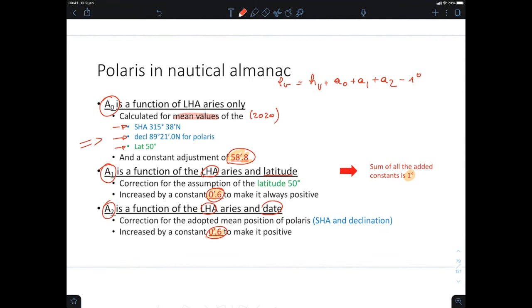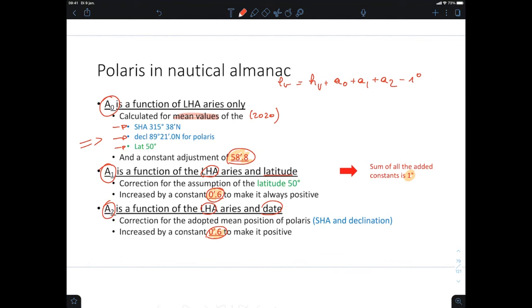So you observe with your sextant the altitude of Polaris. If Polaris were at the north celestial pole, your latitude would be equal to your altitude, but in this case, this is not correct.